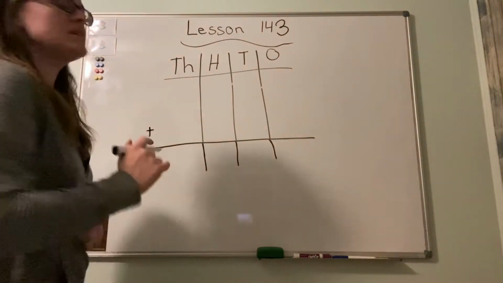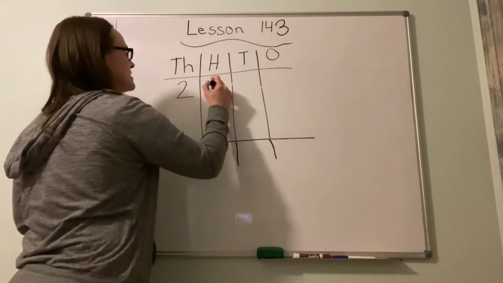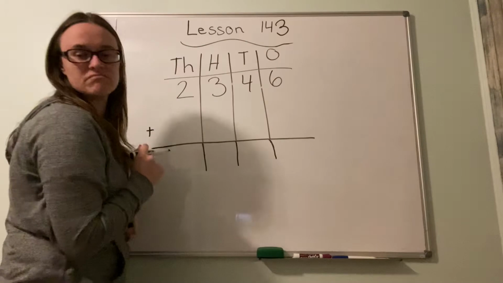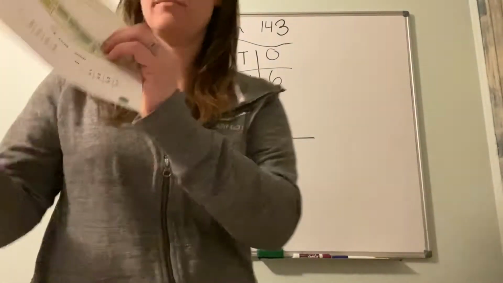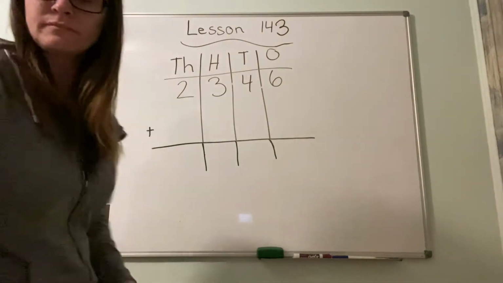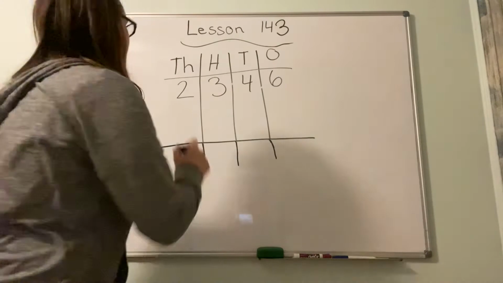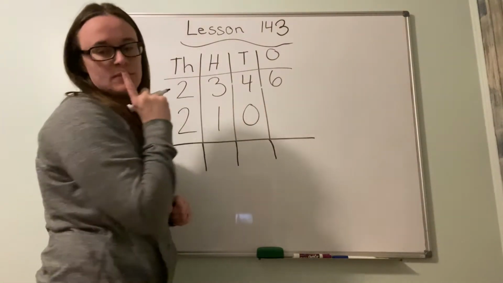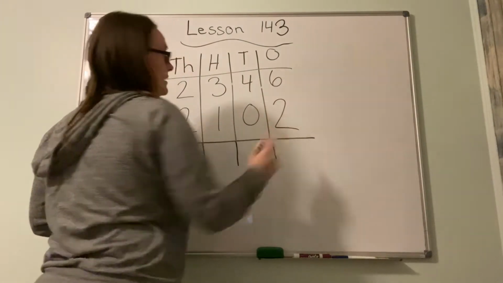Let's start with 2,346. Oh, and by the way, this is page number 289 and 290. I don't know if I said that. Okay, and let's add it to 2,102.